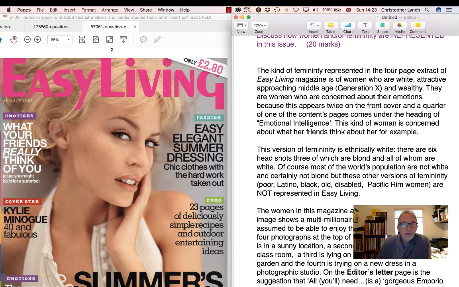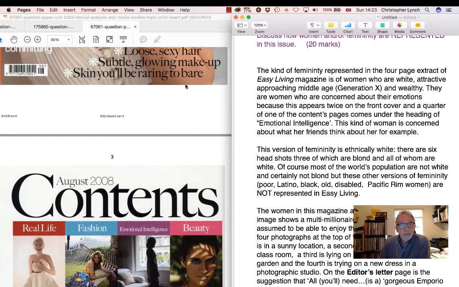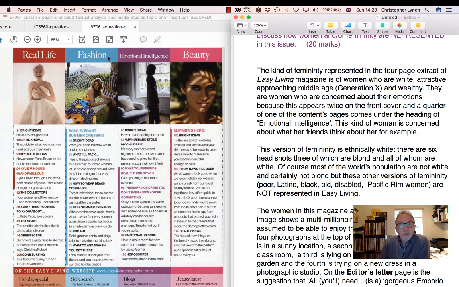They are women who are concerned about their emotions, because this appears twice on the front cover: What your friends really think of you. And a quarter of one of the contents pages comes under the heading of emotional intelligence. This kind of woman is concerned about what her friends think about her, for example.